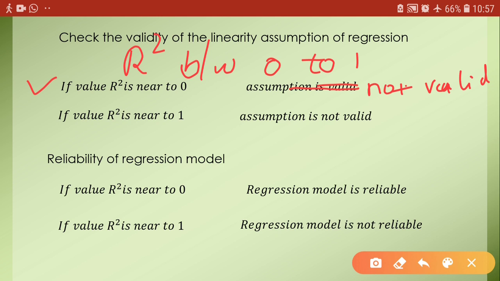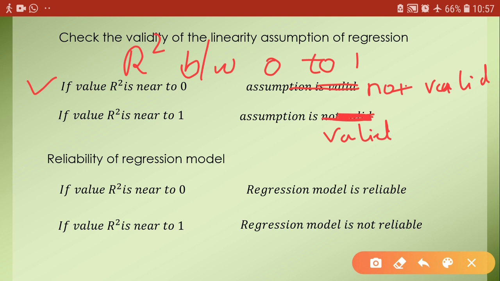If your r square is, say, 0.8 or 0.9, then your assumption is valid. So take your book and write like this. First give the heading, r square, validity of linearity assumption of regression. Then write: if r square is near to 0, it is not valid; if r square is near to 1, then it is valid.